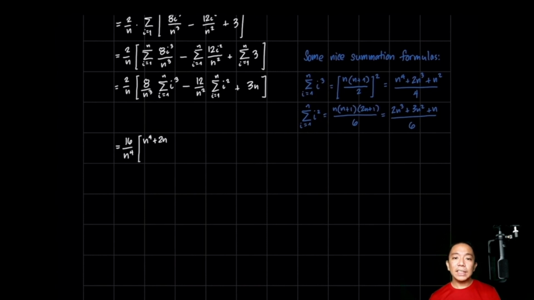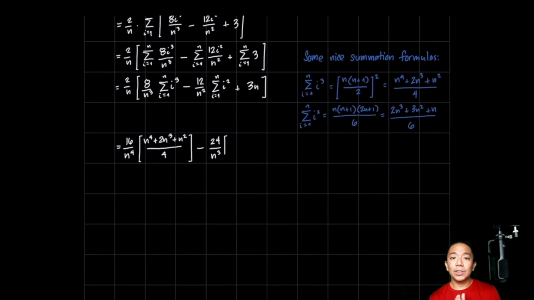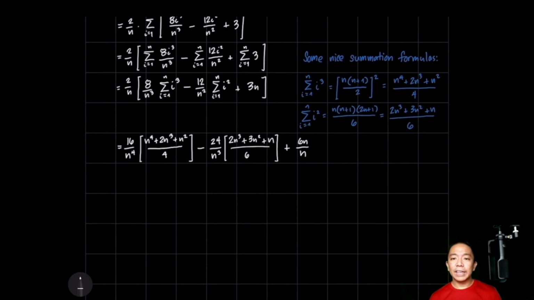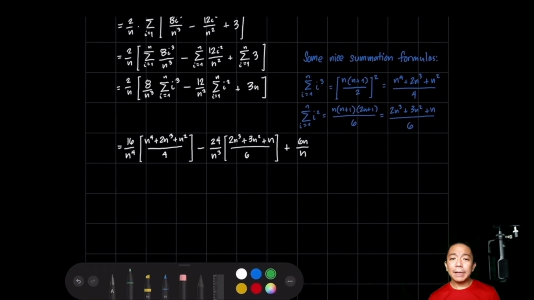So, we'll have 16 over n to the fourth times n to the fourth plus 2n cubed plus n squared all over 4. As yung second expression natin, yung negative 12 over n squared, i-multiply ko na dun sa 2 over n, we'll get negative 24 over n cubed times yung sum ng i squared, which is 2n cubed plus 3n squared plus n all over 6, plus 2 over n times 3n, so we'll get 6n over n. So, let's simplify muna what we can.